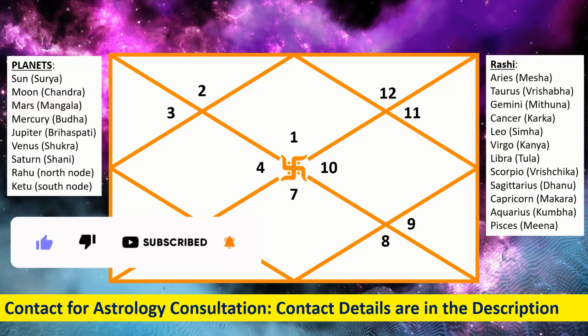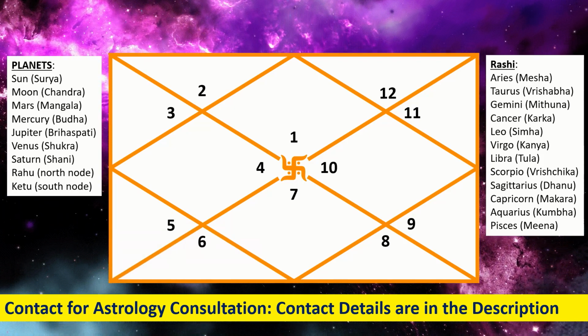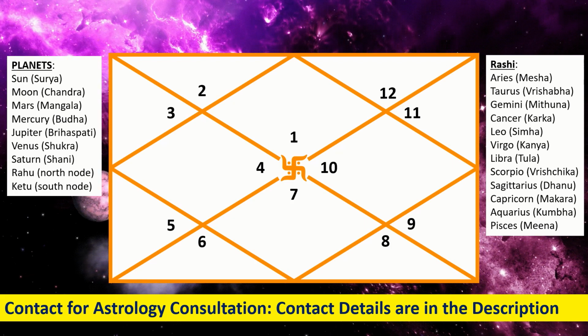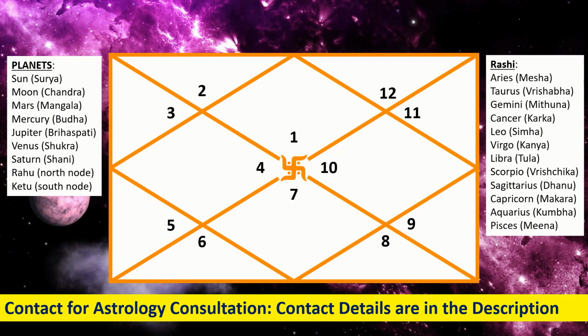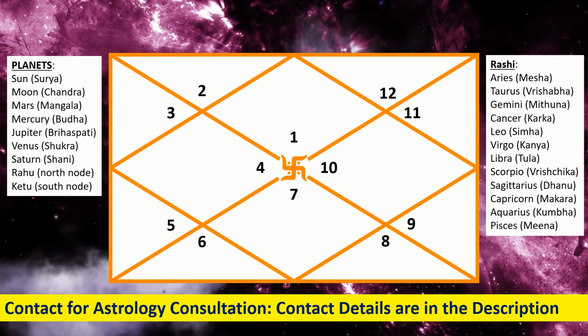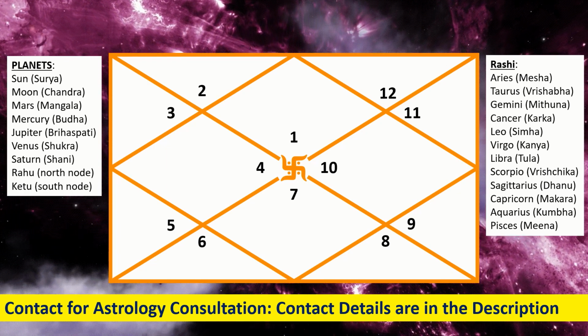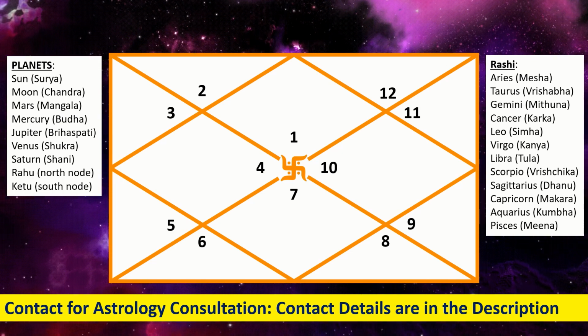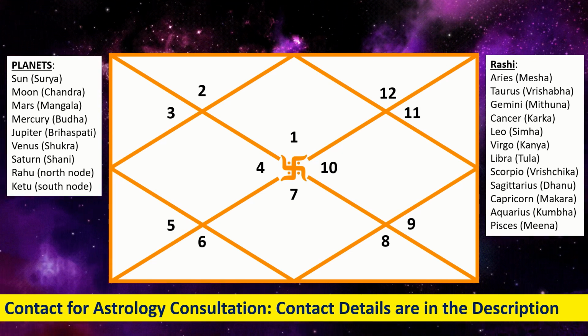Interpretation of zodiac signs. Zodiac signs in birth charts represent different traits and qualities. We'll delve into the 12 signs of the zodiac, from fiery Aries to compassionate Pisces, deciphering their characteristics and how they manifest within individual personalities based on their placements.